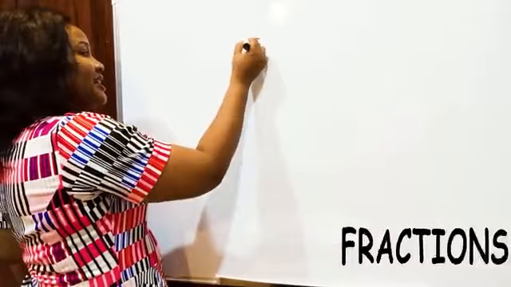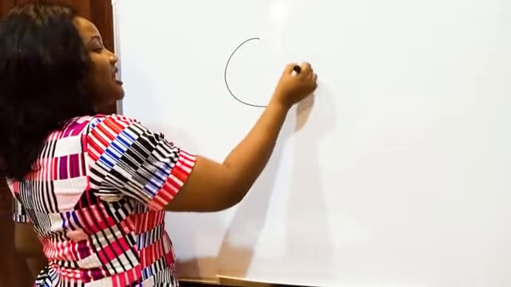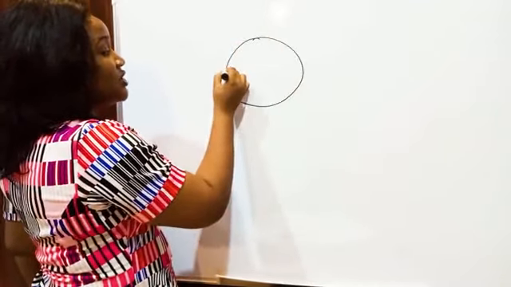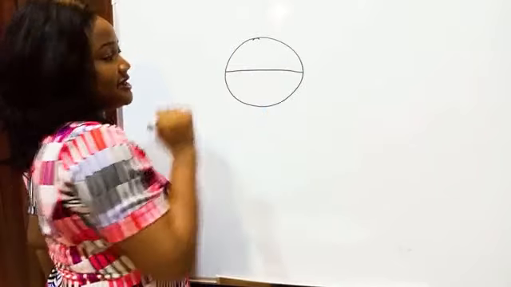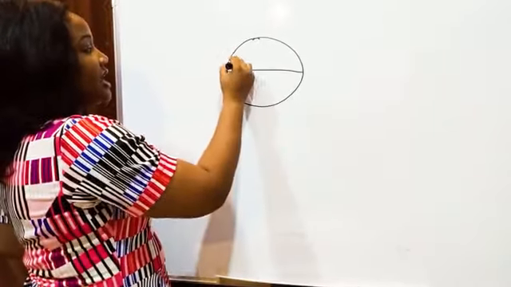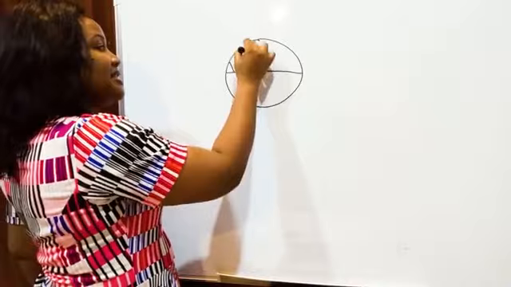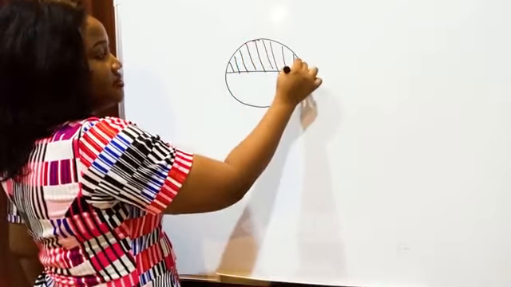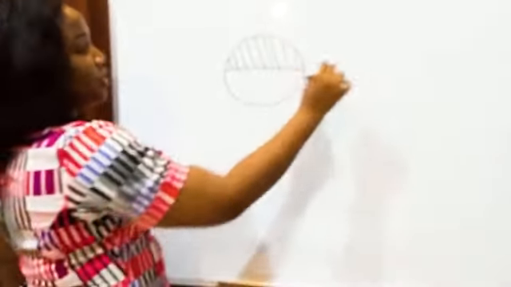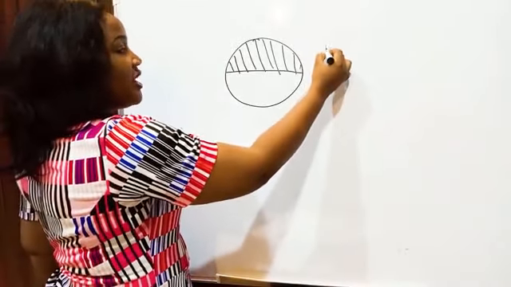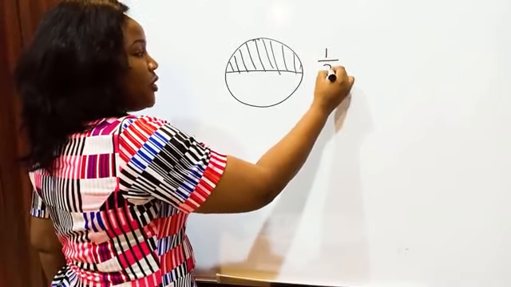Assuming you have a circle, and the circle is divided into two equal parts, and one of the parts is shaded. This shaded portion is one out of two equal parts.